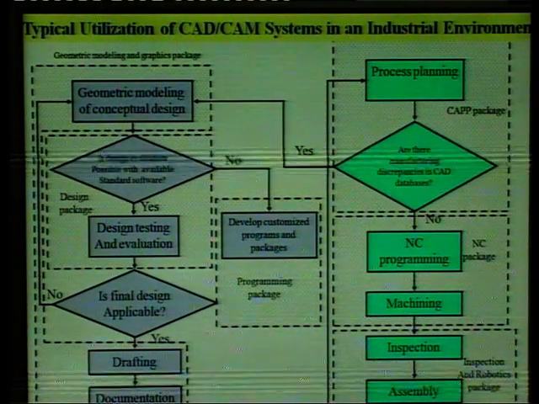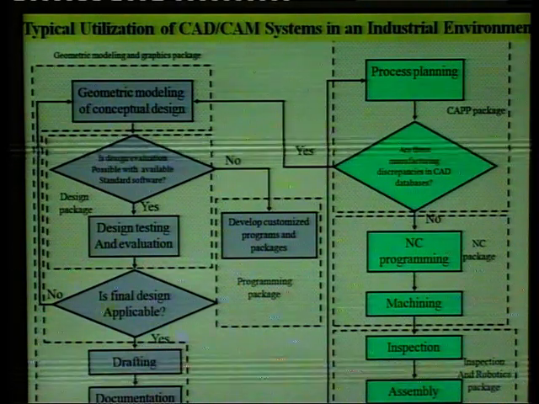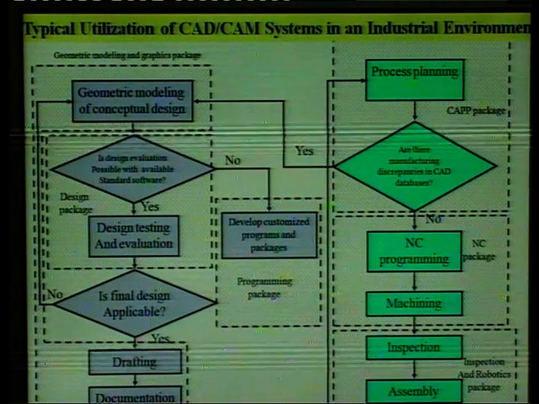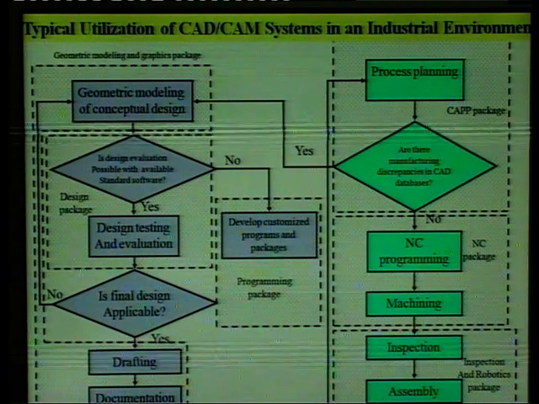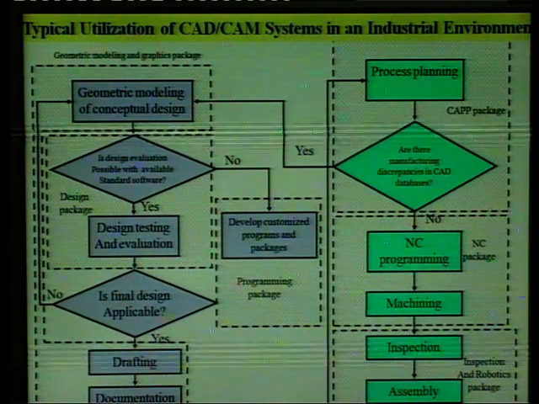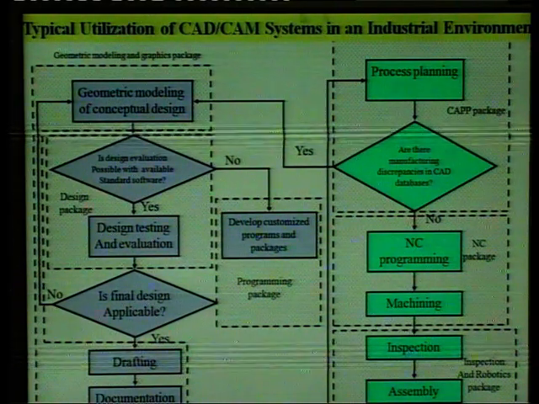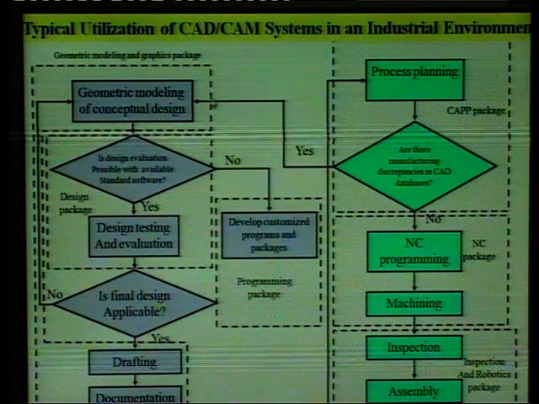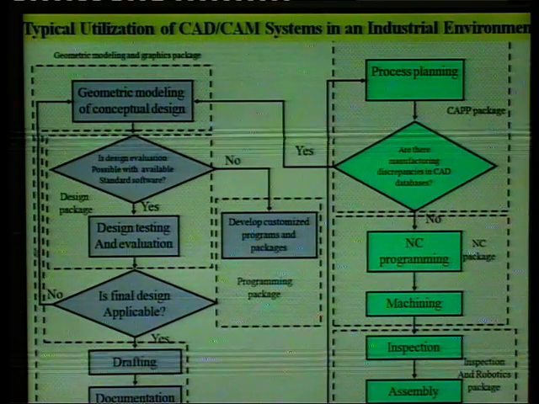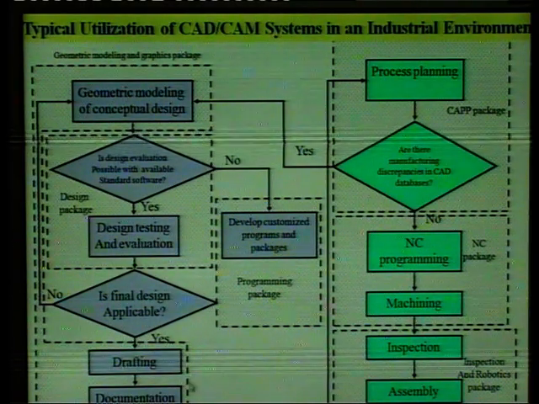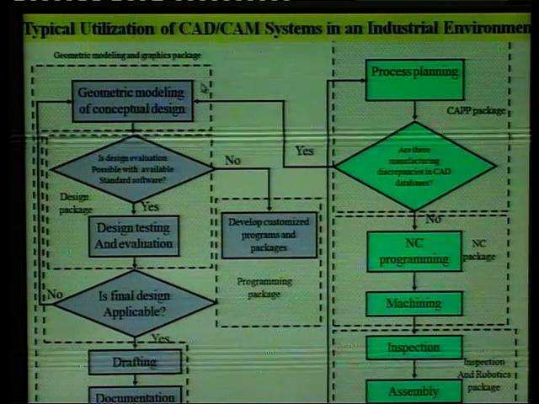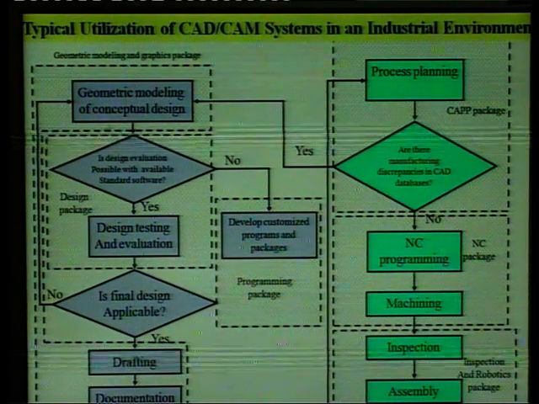In this particular diagram, to understand more about CAD CAM, we are showing a typical utilization of a CAD CAM system in an industrial environment. Just follow the pointer on this area, which is depicting the geometrical modeling and graphics package.